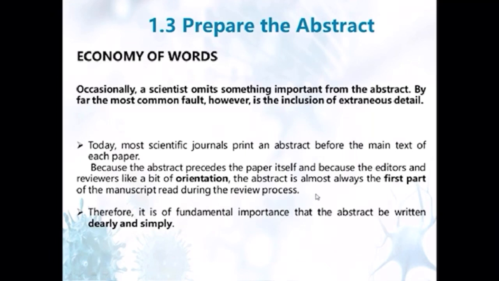So, we have to write the abstract with economy of words. If you put a lot of words in the abstract, perhaps the reviewer will not like it. Therefore, it is fundamentally important that the abstract be written clearly and simply.